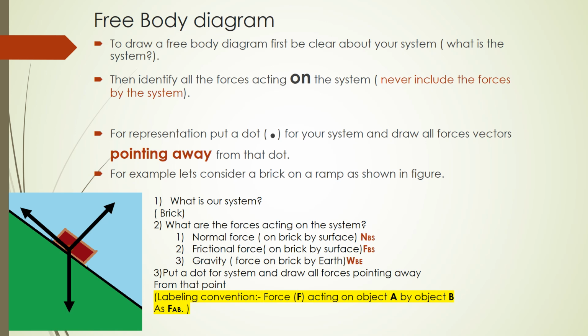So it's F_BS, W_BE. Pay really close attention to this notation that we use. You're going to want to use it on any diagrams. Actually, anytime that you note forces, use this system of notation because things will start getting really messy soon. And this will help you keep everything nice and organized.